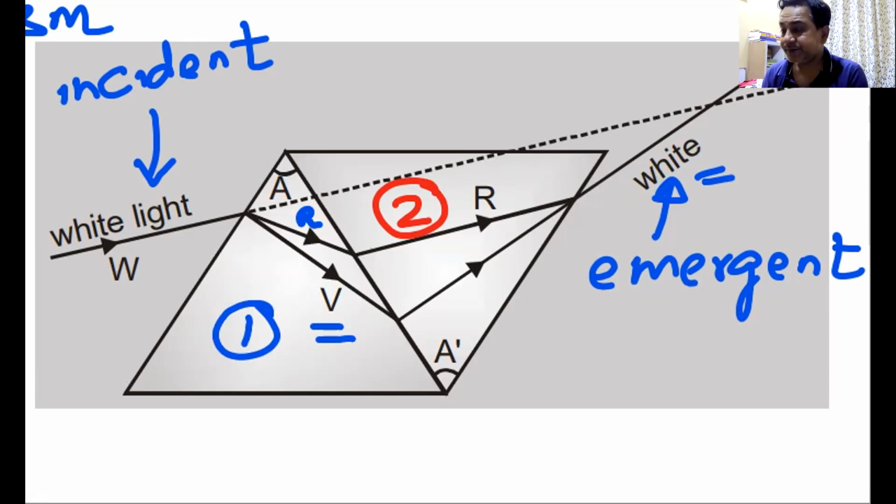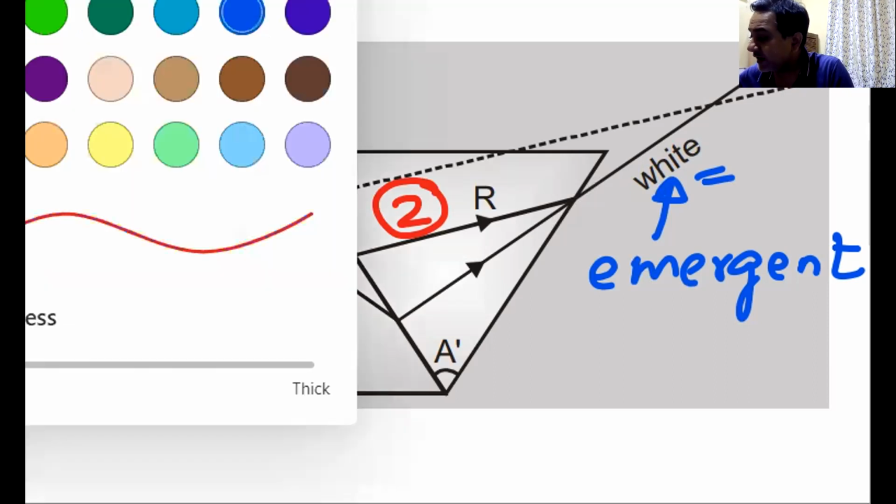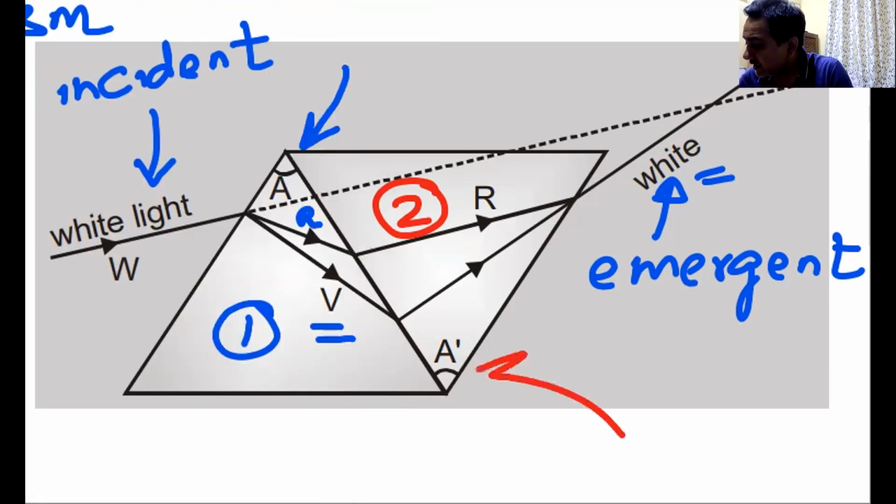I'll again repeat. I have put two prisms in such a way that one is erect, the other one is upside down. The angle of the first prism is A, the blue one that you can see. The angle of the second prism is taken as A dash. It is put inverted, upside down.